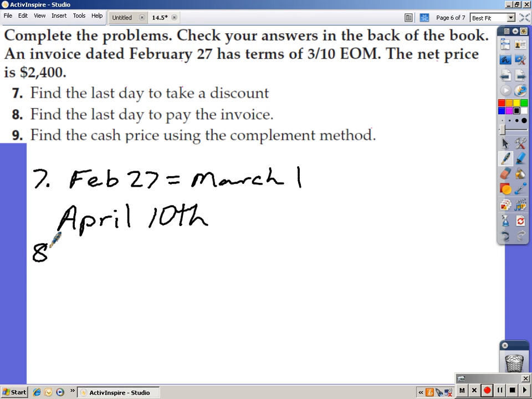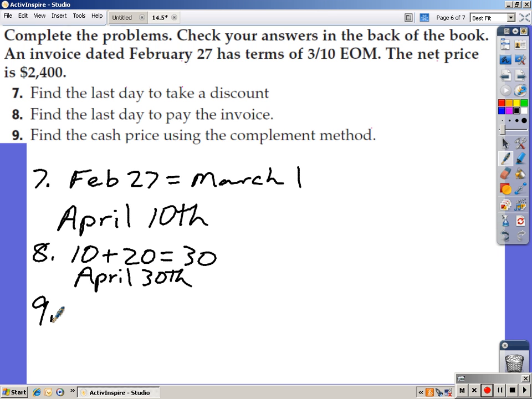Okay, question 8. Last day to pay the invoice. Again, always add 20. 10 plus 20 is 30, so it's April 30th. And number 9, find the cash price using the complement method.